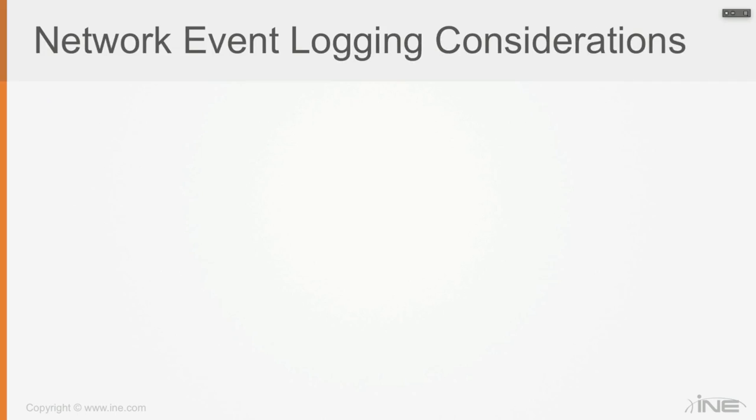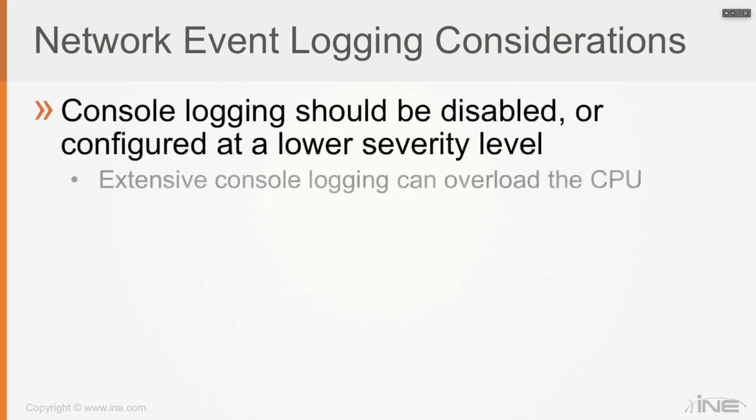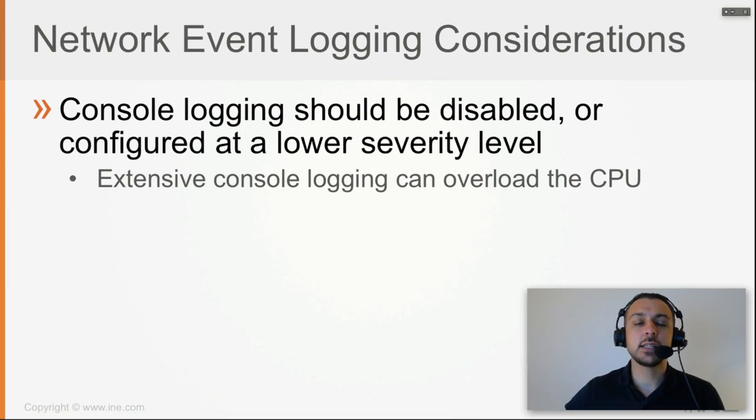Now, as best practice, in general, console logging should be disabled or configured at a lower severity level, like never debugging, or not even informational in some cases, because extensive console logging can overload the CPU. Because let me ask you something, when do you access the console nowadays?